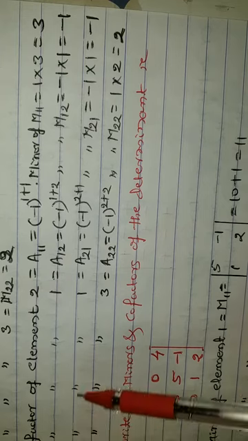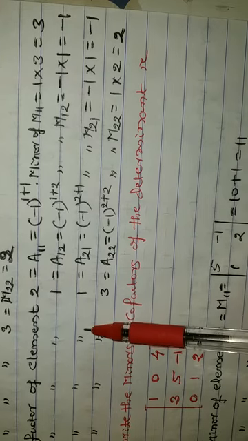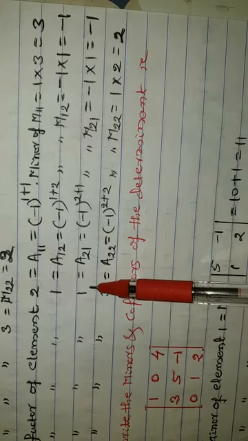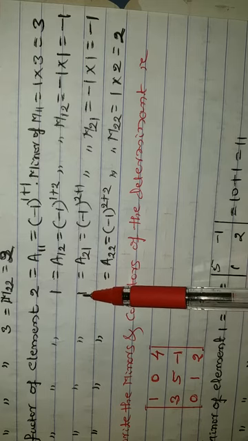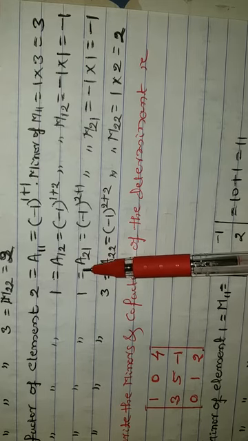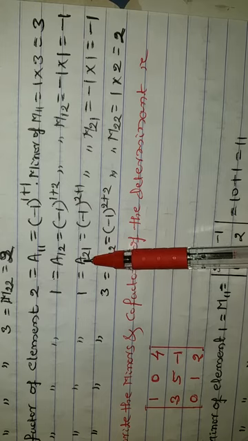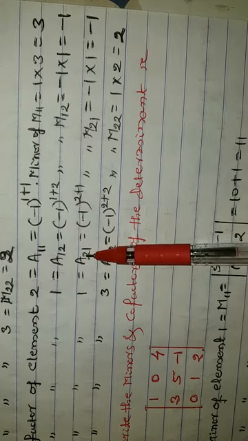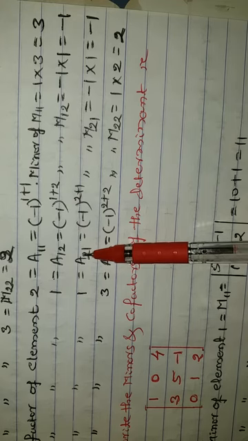Similarly, the cofactor of the third element, that is 1, is denoted by A21. Capital A21 defines the cofactor of the third element.